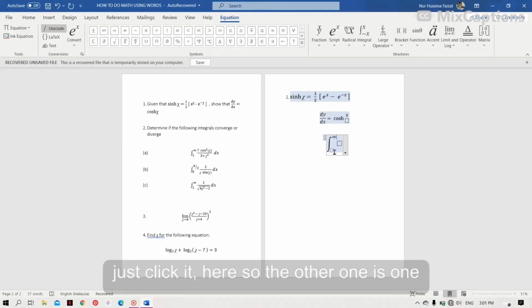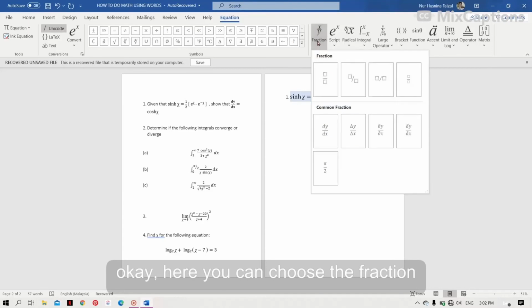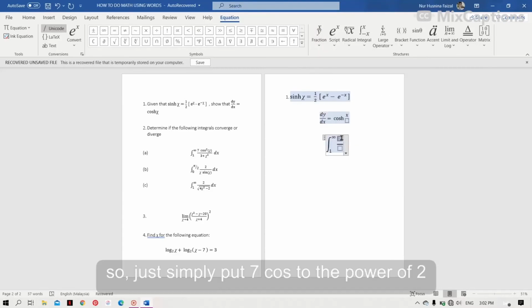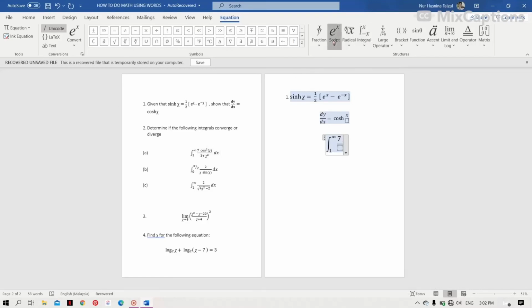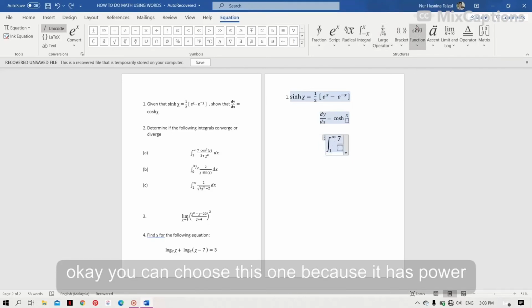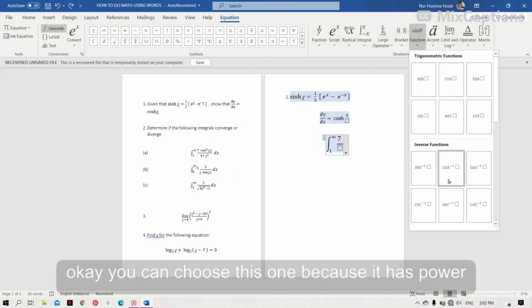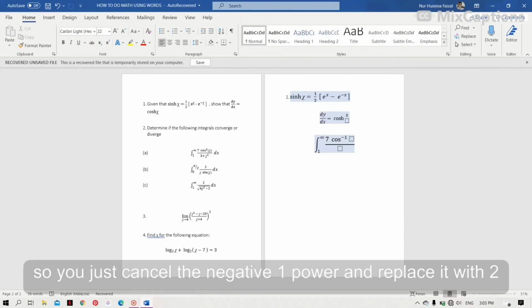Okay, so another one is 1. Okay, here you can choose the fraction here. So just simply put 7 cos to the power of 2 here. Here you put, okay, you can choose this one because it has power. So you just cancel the -1 power and replace it with 2.